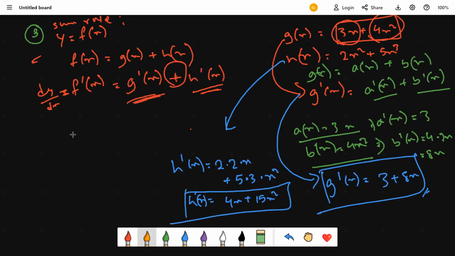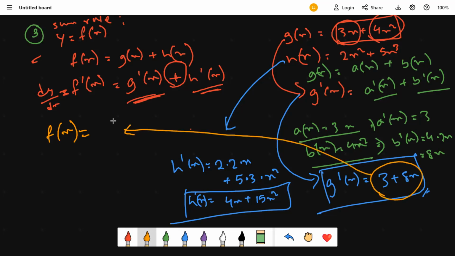Now, if we want to find simply f prime of x, what do we get? f prime of x should be g prime of x plus h prime of x. g prime of x we can get from over here, which is 3 plus 8x. Sorry, this is taking up much space.